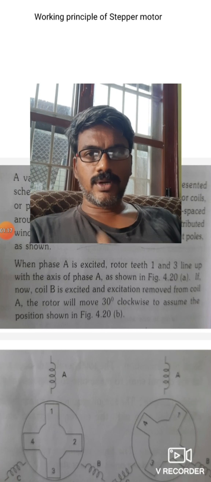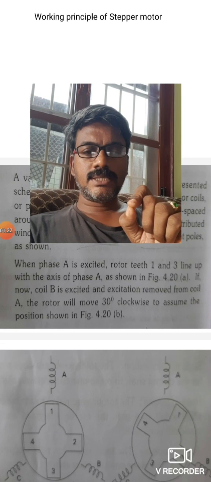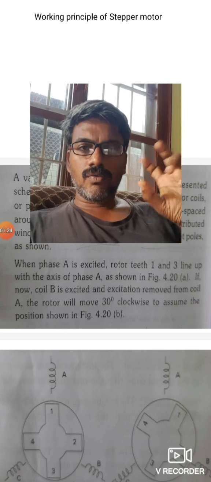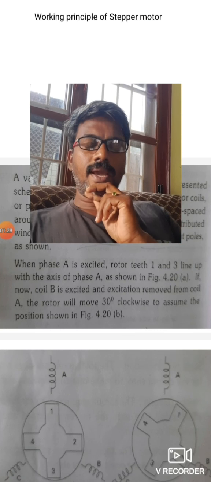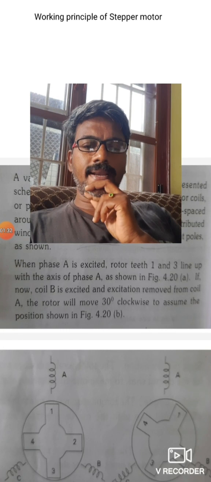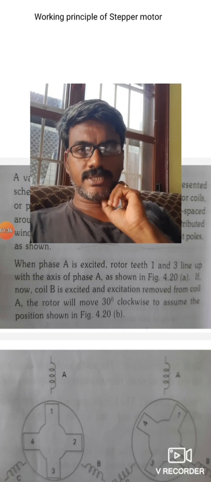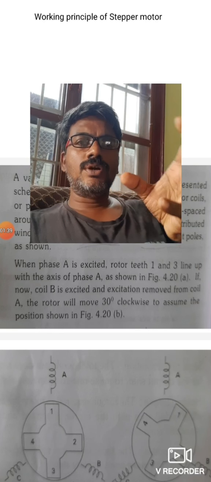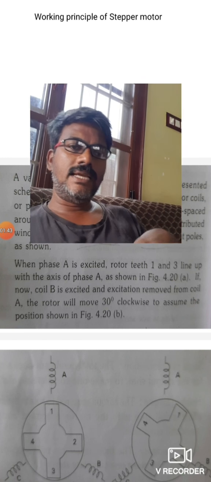Please remember the two important elements to control. That is the number of pulses which determine the angle of rotation, and the direction of data which determines the order in which the poles are excited. Suppose if you want to rotate in clockwise direction, the order may be A, B, C, D, like that.